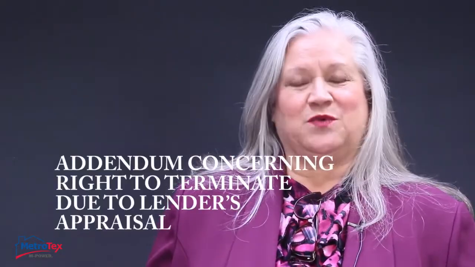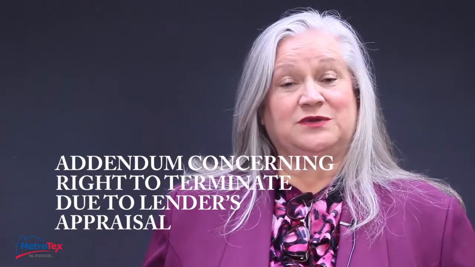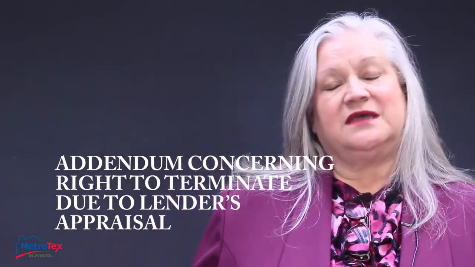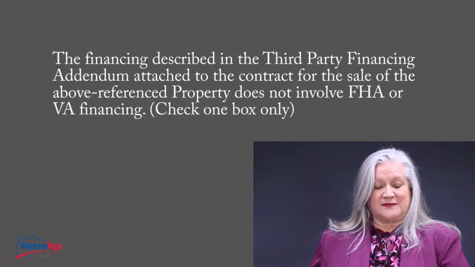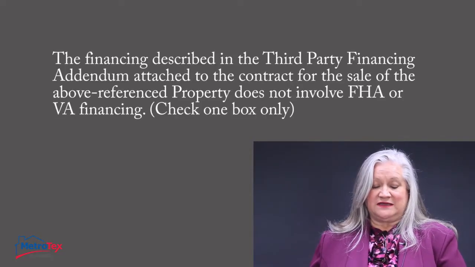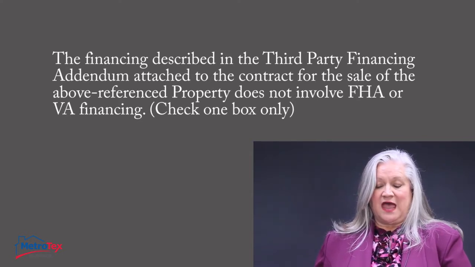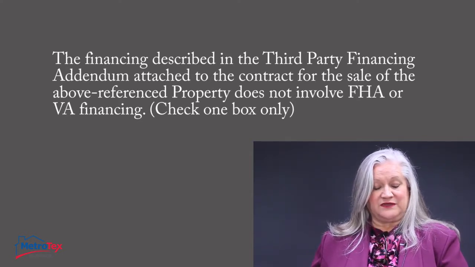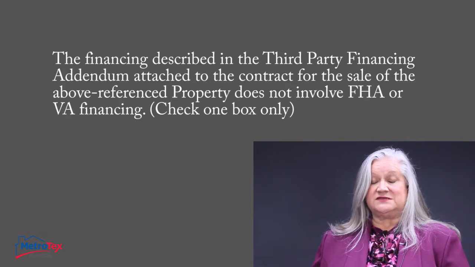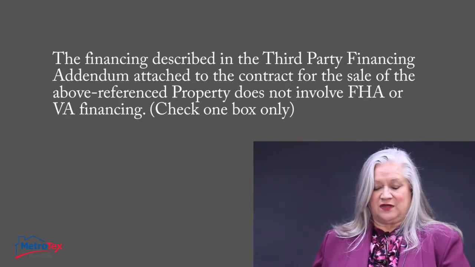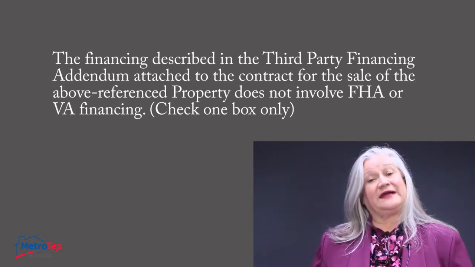Another addendum you may want to use is the addendum concerning right to terminate due to the lender's appraisal. This amendment says the following. The financing described in the third-party financing addendum attached to the contract for sale of the above referenced property does not, repeat, does not involve FHA or VA financing.